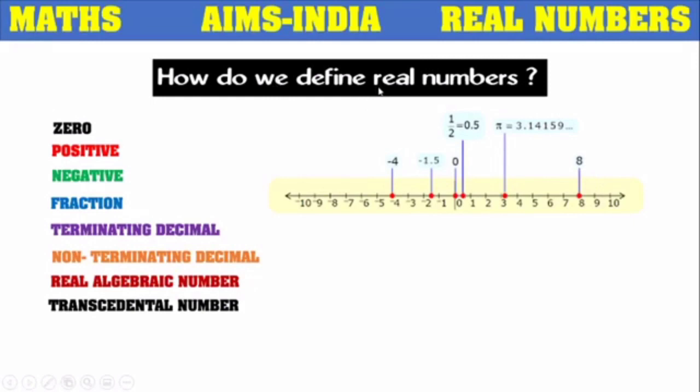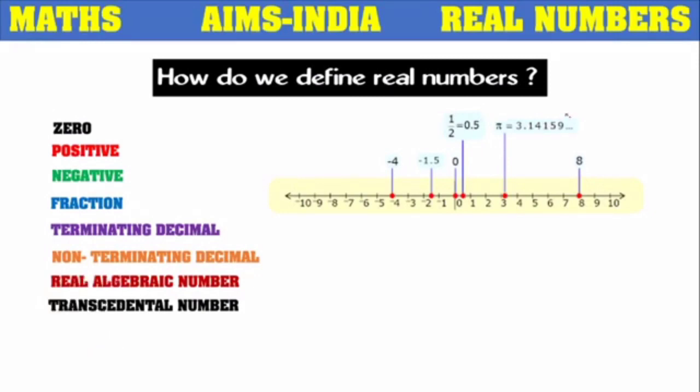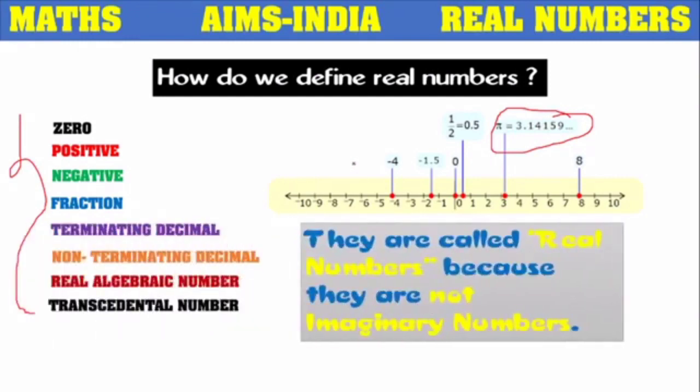So all the real numbers can be represented on the number line. Even a transcendental number like pi we can represent on the number line. It is somewhat tricky, but we can represent it. So they are called real numbers because they are not imaginary.